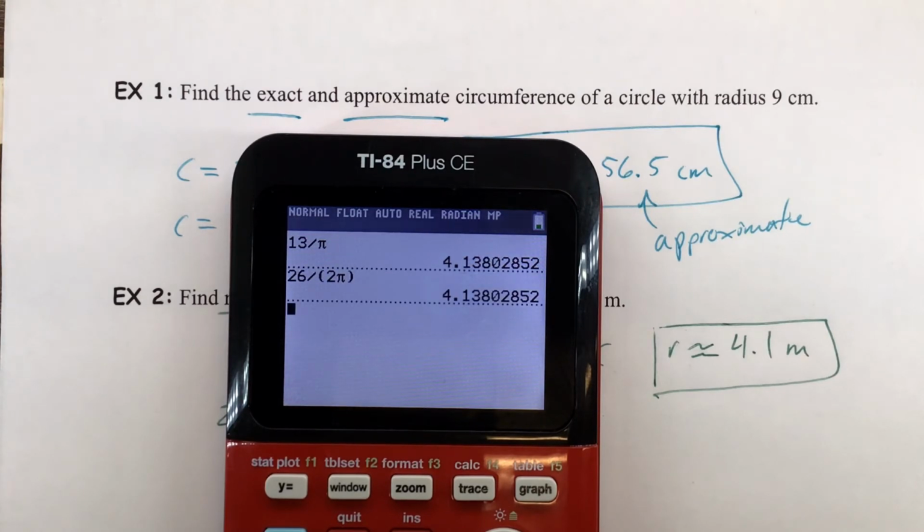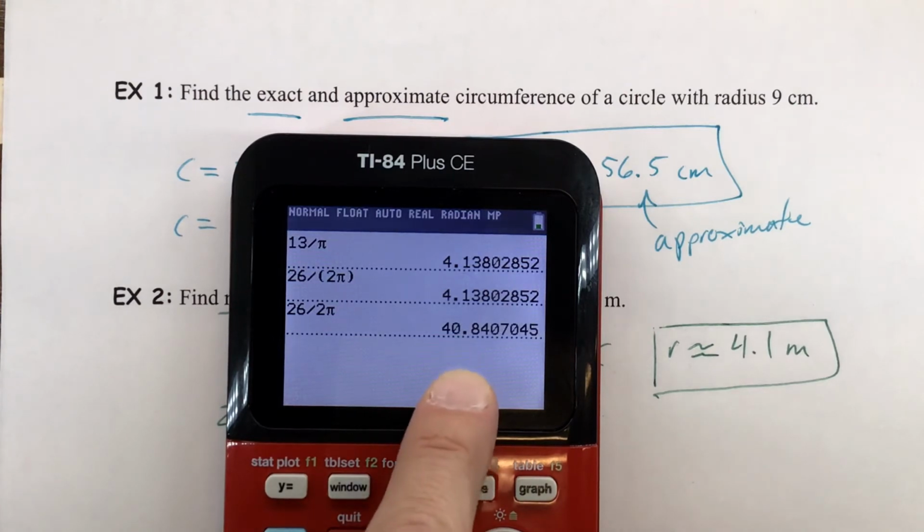If you attempt to do it without the parentheses, you divide by the 2 and then the pi like that, the interpretation that the calculator has of this is that it's going to divide it by 2, first divide 26 by 2, which will give you 13, but then the 13 is going to get multiplied by pi. It does not understand that the pi is part of the denominator, which means you're going to get 13 times about 3, so around 40 or 41.